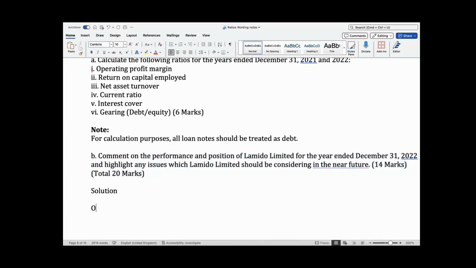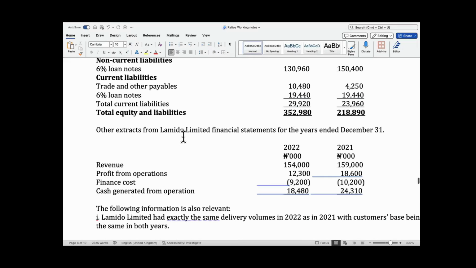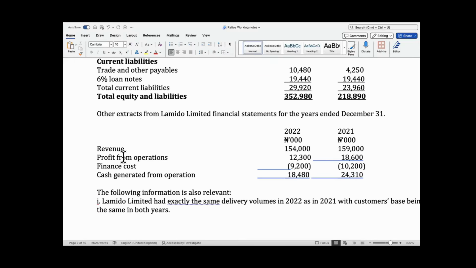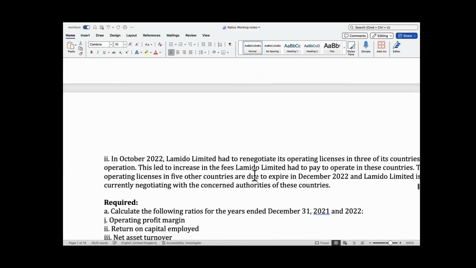And the first ratio we're asked to compute is operating profit margin, which is my operating profits divided by my sales. And from the question, what's my operating profits? That's the profit from operations.